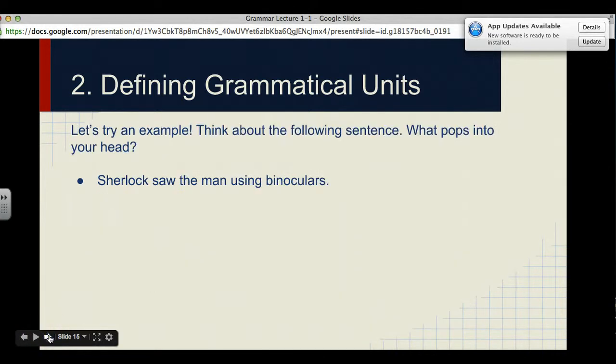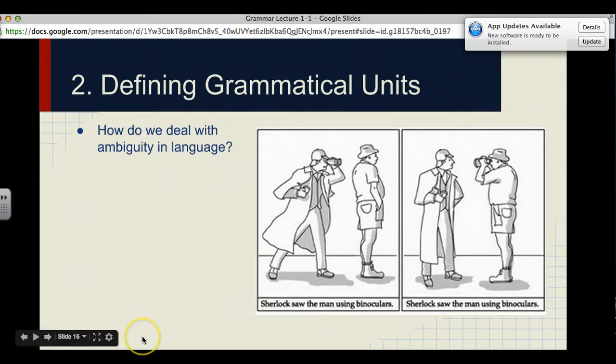So let's look at an example. Think about the following sentence, and I want you to visualize something that pops into your head. So our sentence is, Sherlock saw the man using binoculars. Take a second, process that, call up a visual image in your head. Okay, so how do we deal with ambiguity in language?